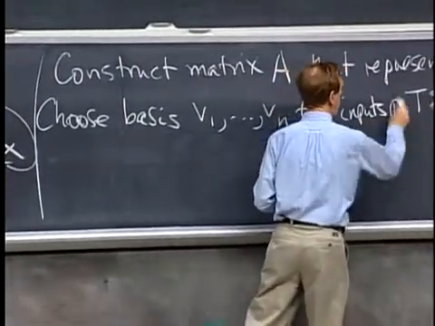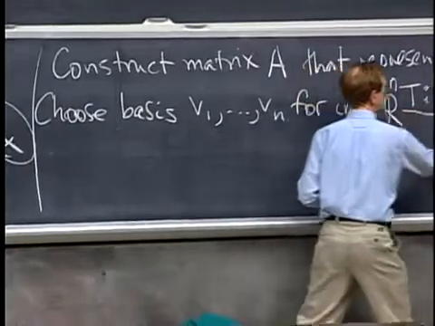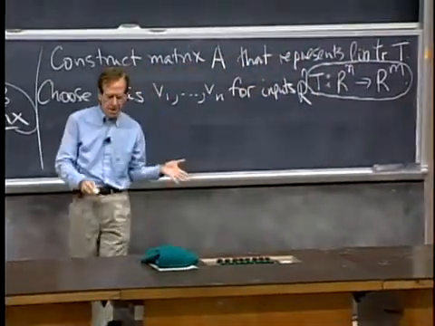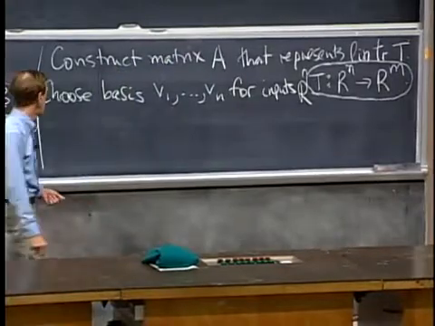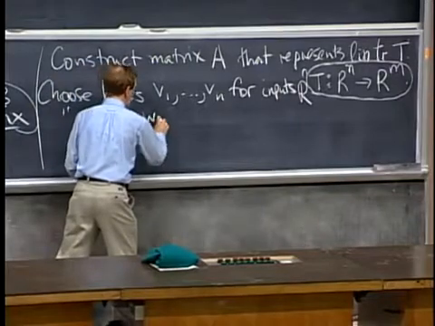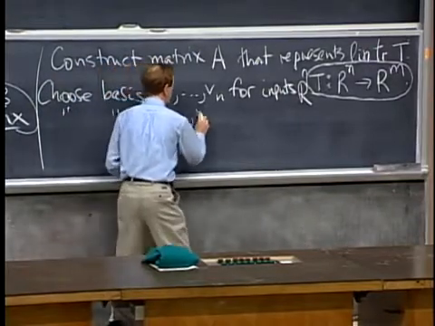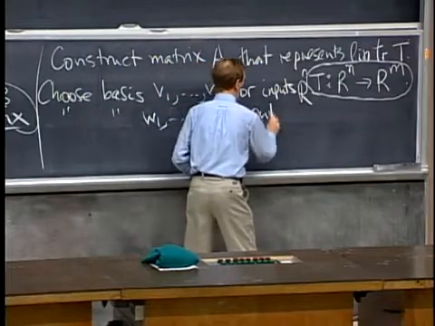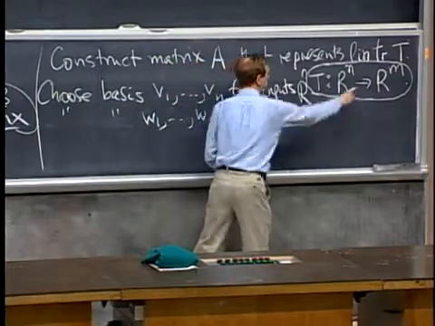They came from Rn. So the transformation is taking every n-dimensional vector into some m-dimensional vector. And I have to choose a basis, and I'll call them W1 up to Wm for the outputs. Those are guys in Rm.